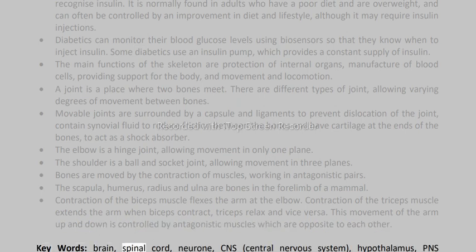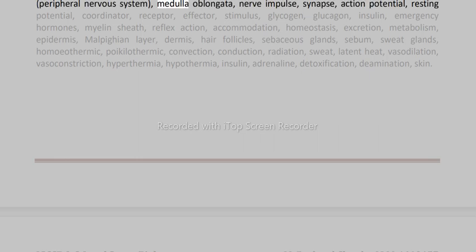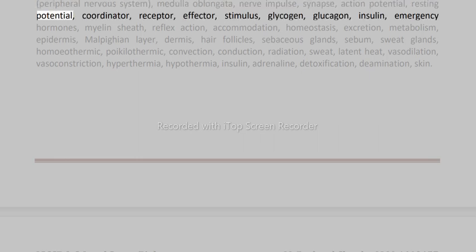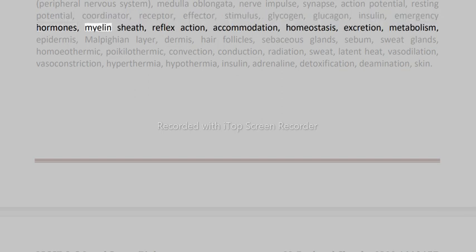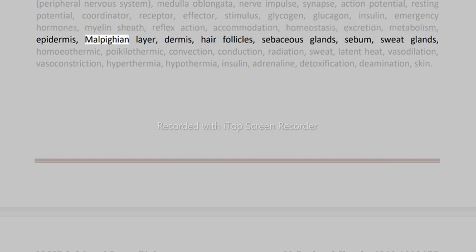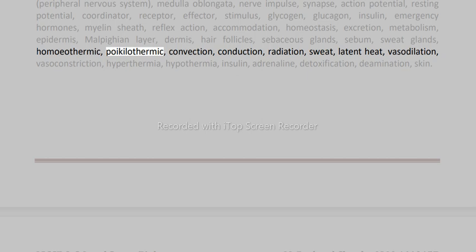Keywords: brain, spinal cord, neuron, CNS, central nervous system, hypothalamus, PNS, peripheral nervous system, medulla oblongata, nerve impulse, synapse, action potential, resting potential, coordinator, receptor, effector, stimulus, glycogen, glucagon, insulin, emergency hormones, myelin sheath, reflex action, accommodation, homeostasis, excretion, metabolism, epidermis, Malpighian layer, dermis, hair follicles, sebaceous glands, sebum, sweat glands, homeothermic, poikilothermic.